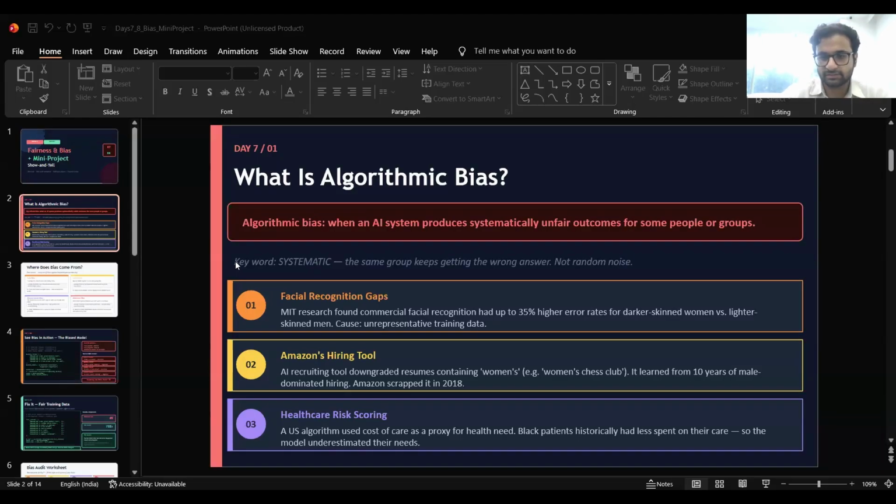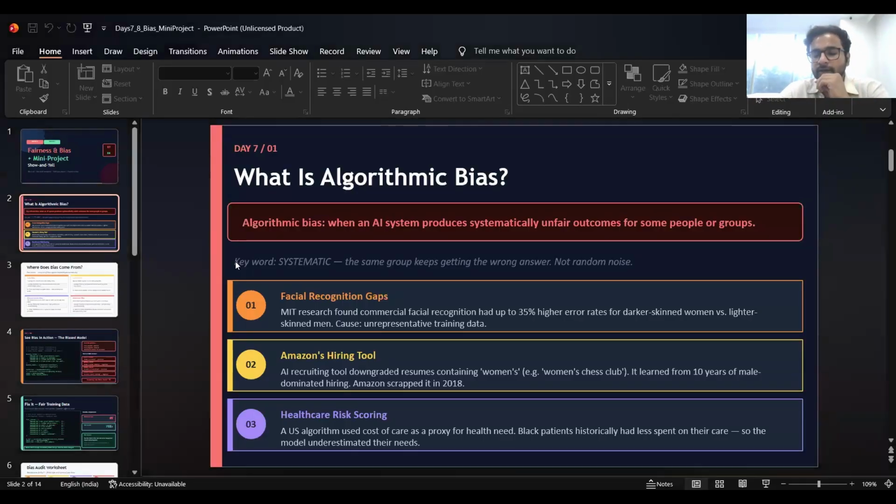It is systematic unfairness, and if a particular group is not catered to, the system will keep giving biased answers in that situation or on a particular topic.